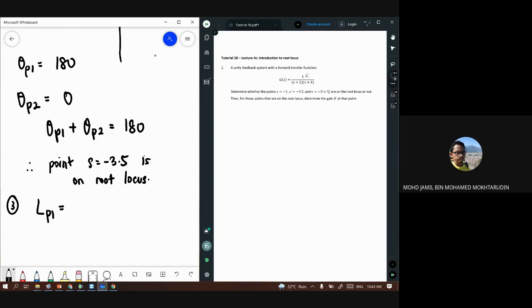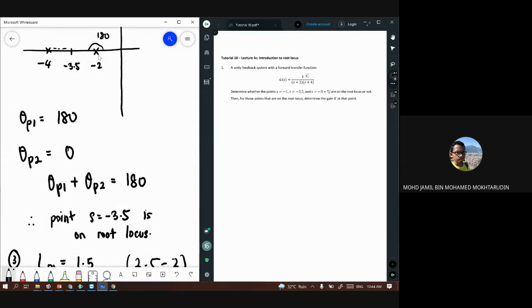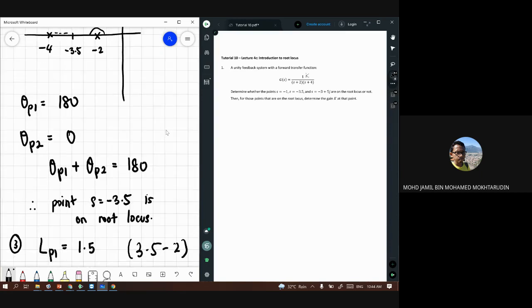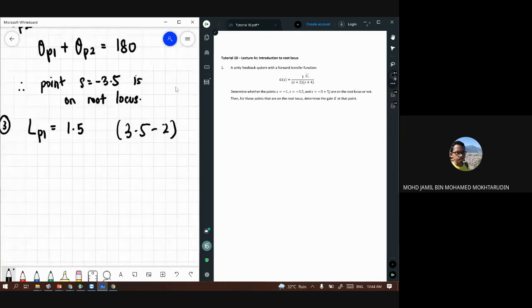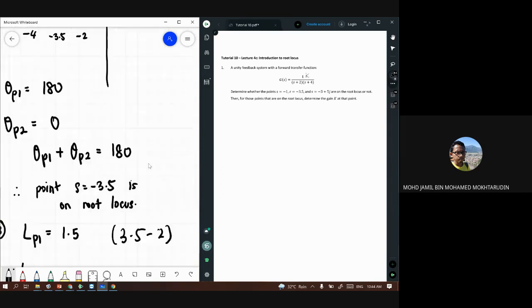So the length is 1.5. How to get this? 3.5 minus 2, so the distance is 1.5. And then the next one is LP2. The length measured from -4 just now is 0.5. So it's this length.